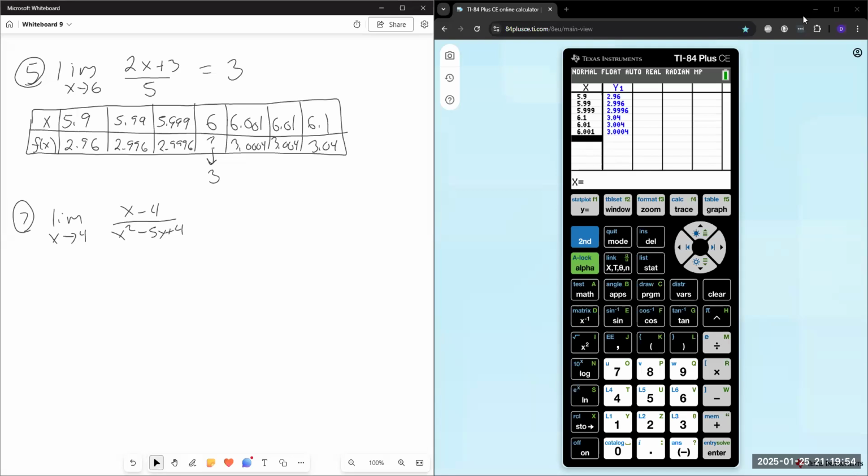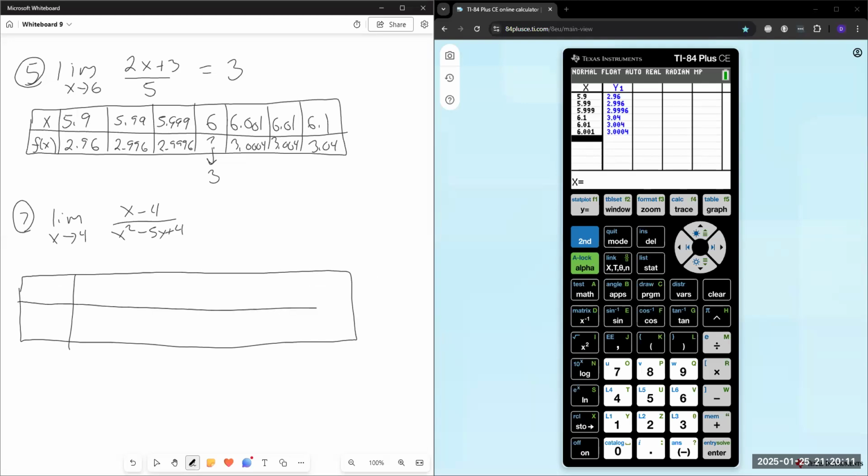Okay, so we're going to have another table here of f of x values, and this table starts at 3.9, then 3.99, then 3.999. Then at 4, we want to see what's going on.